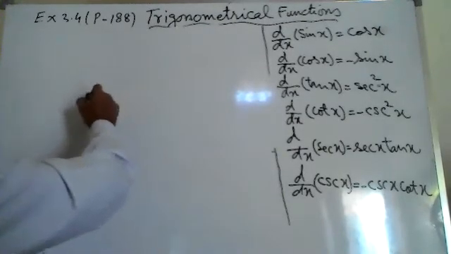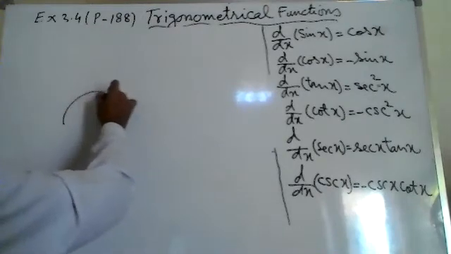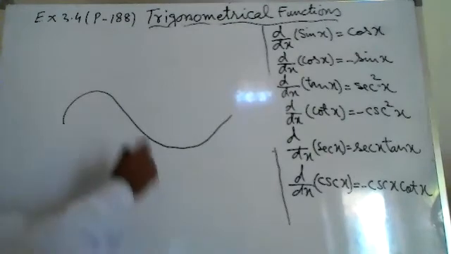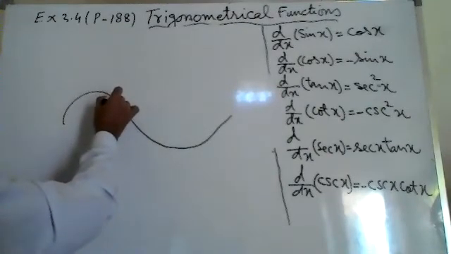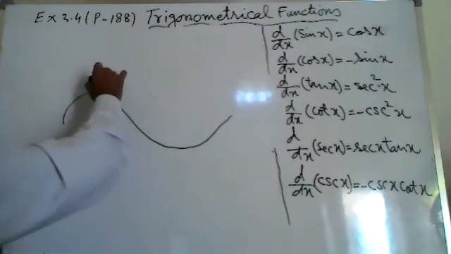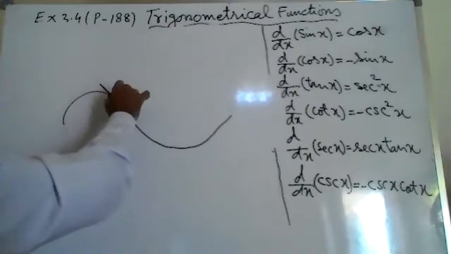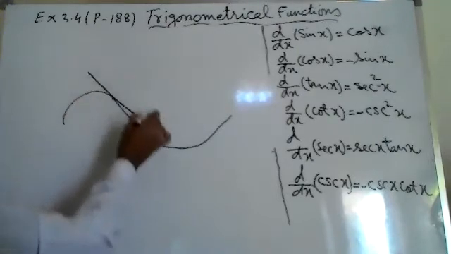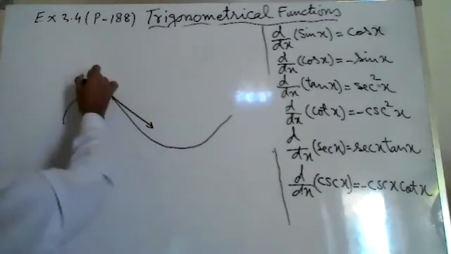If this is a curve, suppose this is a curve. So at any point, the line touching this one is called the tangent.